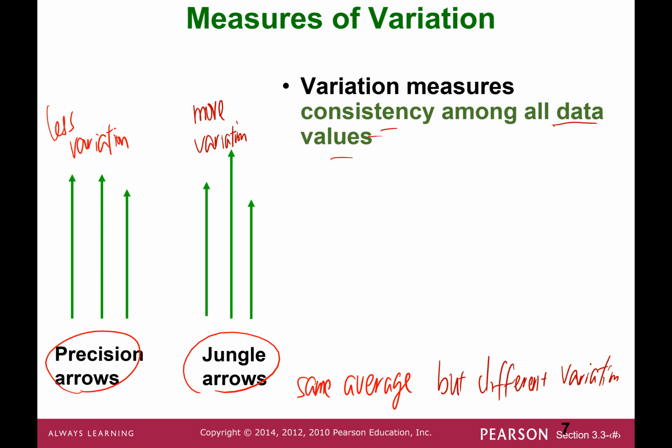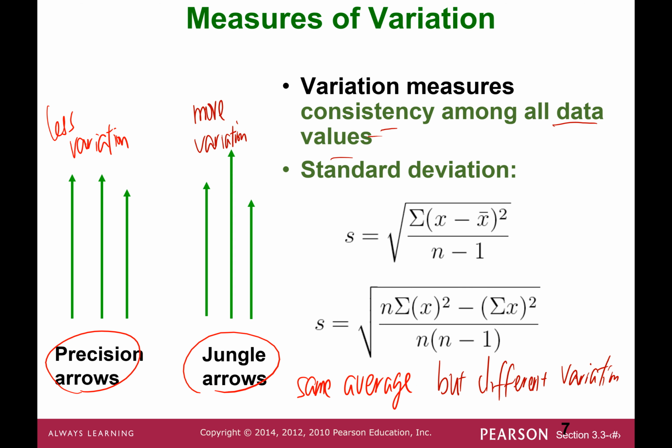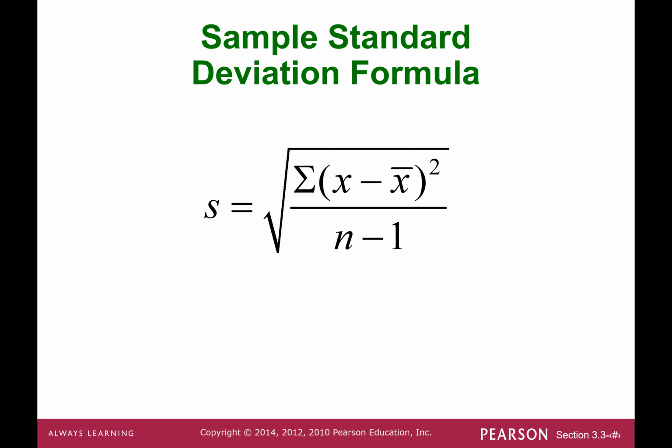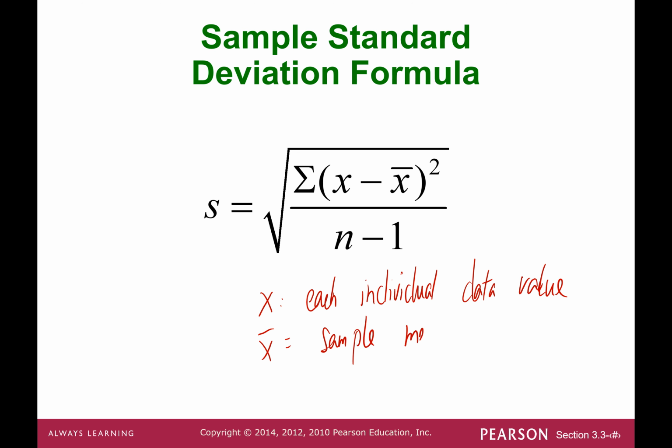We also use a typical formula to calculate the standard deviation. We have two formulas we can use. On the next slide, I'm going to show you how to go through these formulas. In this formula, X represents each individual data value, X bar represents the sample mean, and n represents the sample size.